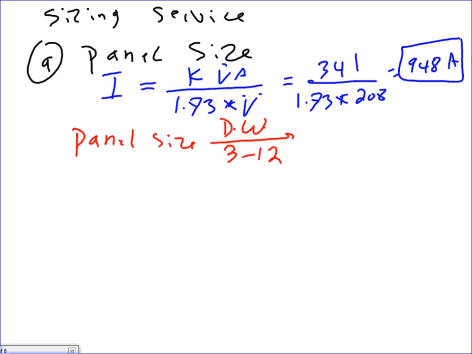And remember, it's a three-phase panelboard. I can't fit it in up to 600, so I have to move to switchgear. I exceeded the panelboard size, so I'm going to move to 3-13.